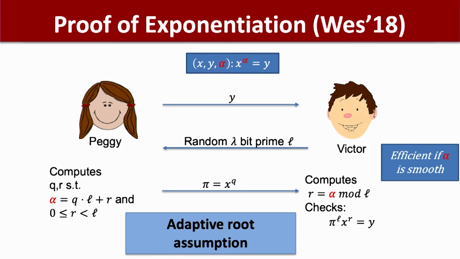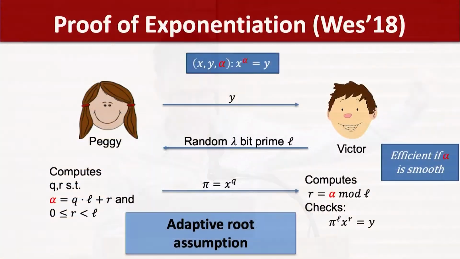The problem, though, is that basically, and we'll get into this a little bit more, you have to think about what the size of q is. And this small q here is really exactly the same size as alpha.